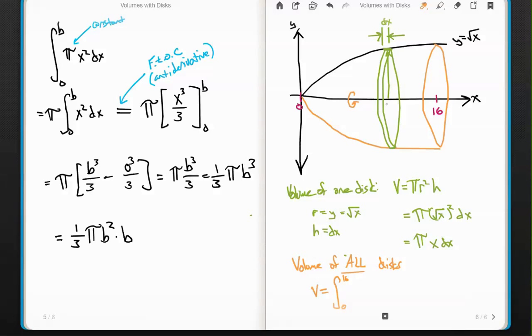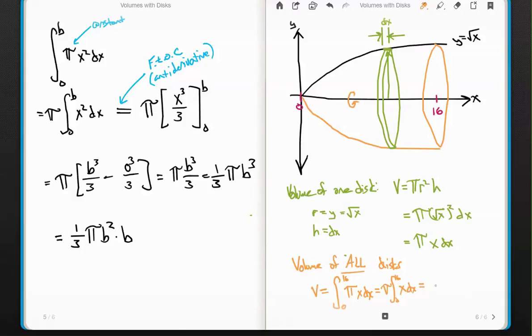The position of my disk is going to go from 0 all the way to 16. Of pi x dx, which equals, pull the pi out, pi times the integral from 0 to 16 of x dx.